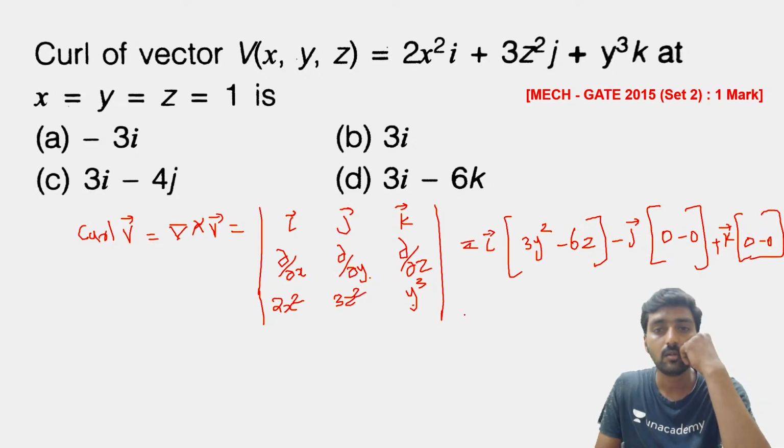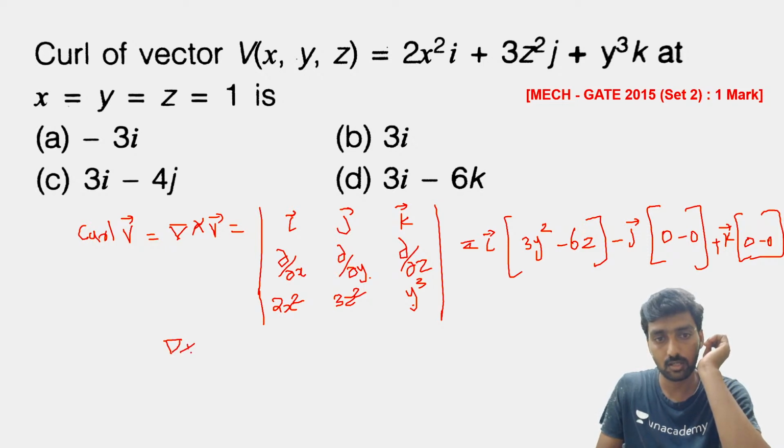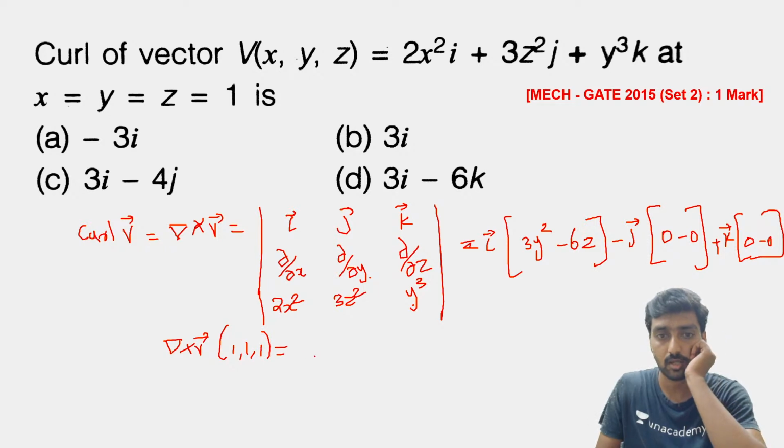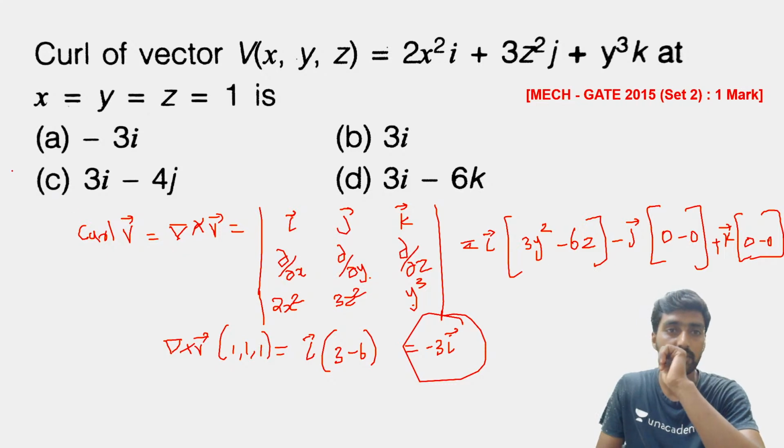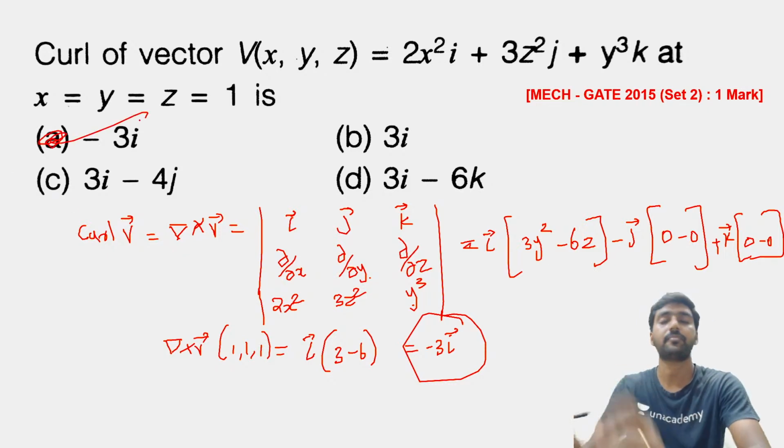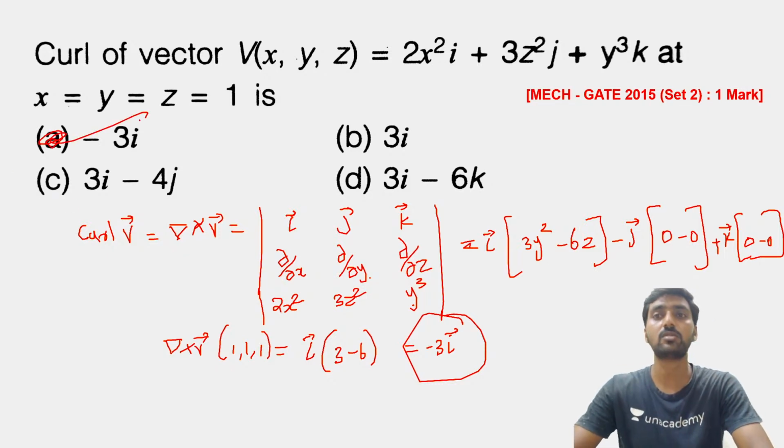Now substitute the value: del cross v vector at (1, 1, 1). Therefore i vector into 3 minus 6 equals minus 3i vector. Minus 3i vector is option A. Option A is the right solution for this question.